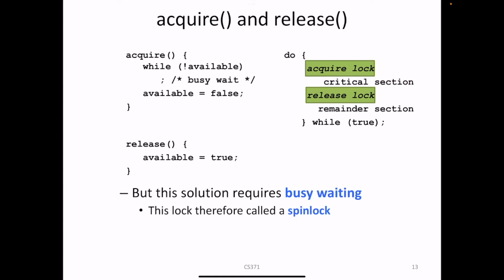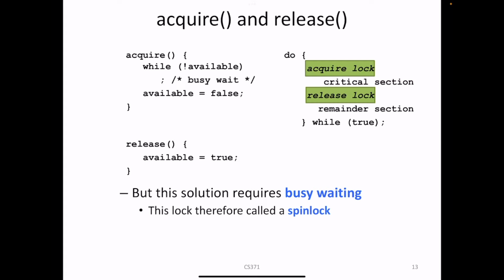This slide shows an example of how to use a mutex lock to address the critical section problem. You can see that both the acquire and release functions are implemented with several instructions, and those instructions must be executed atomically, which can be implemented by hardware atomic instructions.